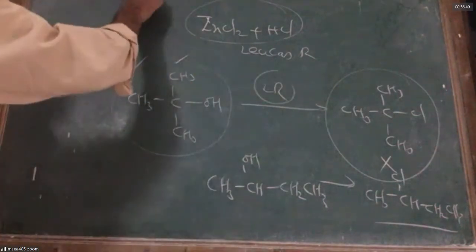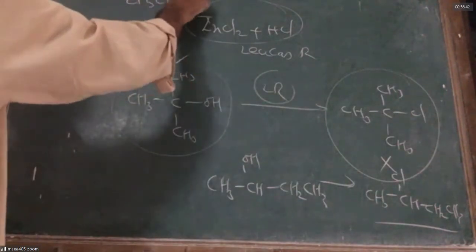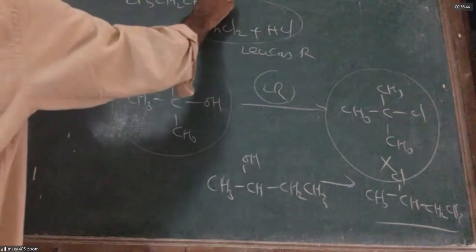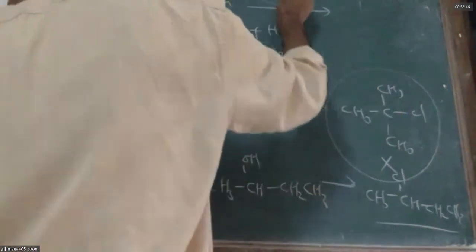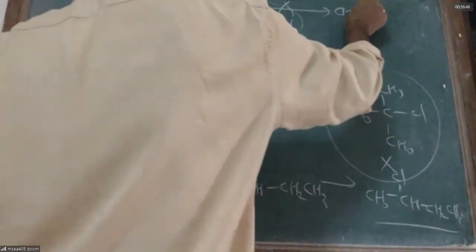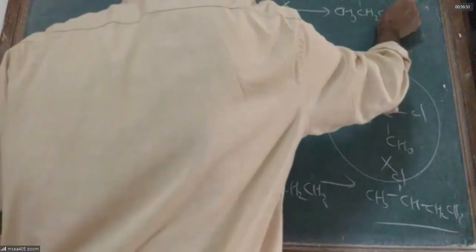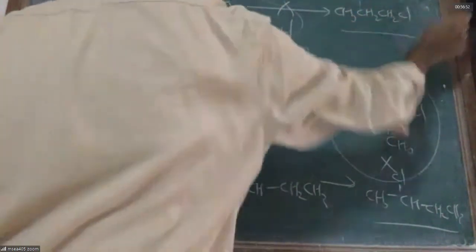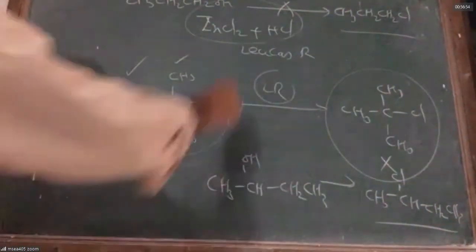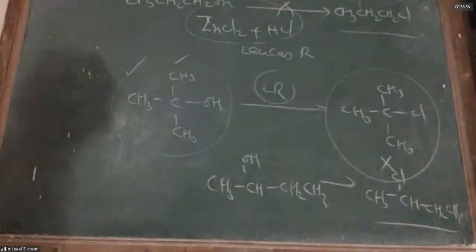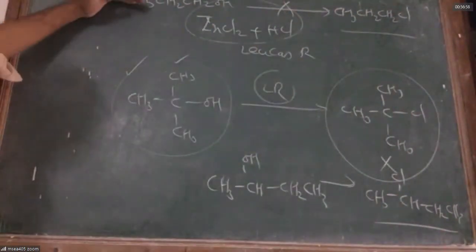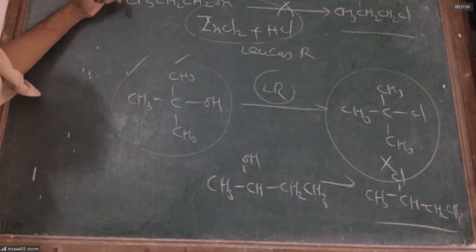The primary alcohol cannot react with the Lucas reagent at room temperature, because primary alcohols are very less reactive. It will never form at room temperature. It requires heating. Therefore, how can I distinguish between primary, secondary, tertiary alcohols?